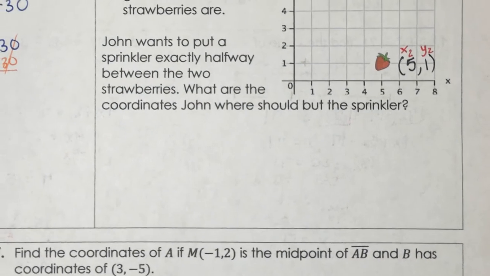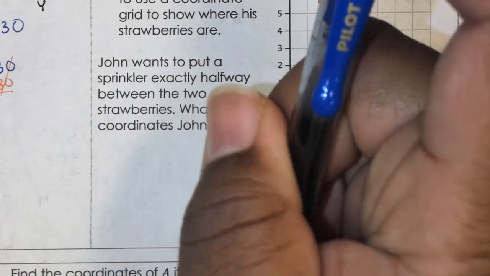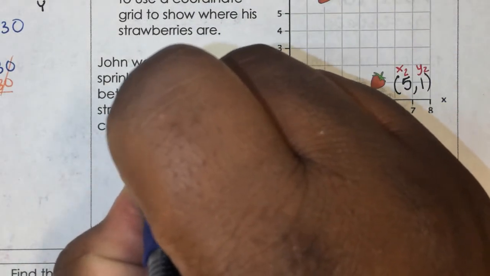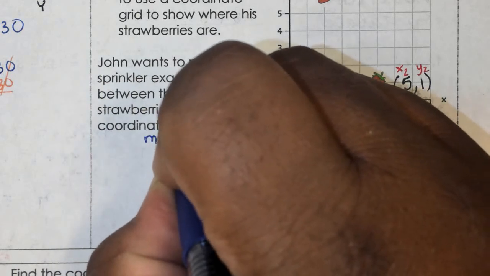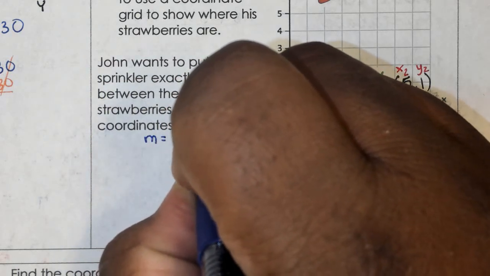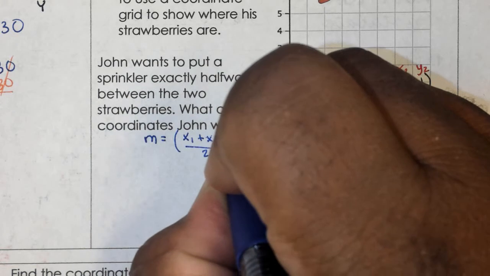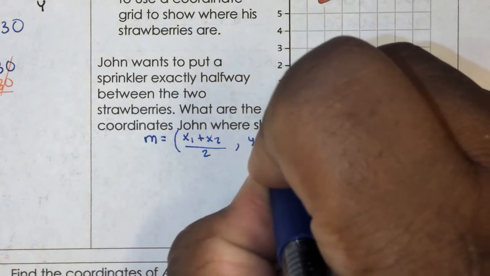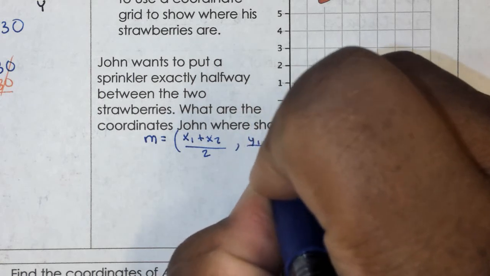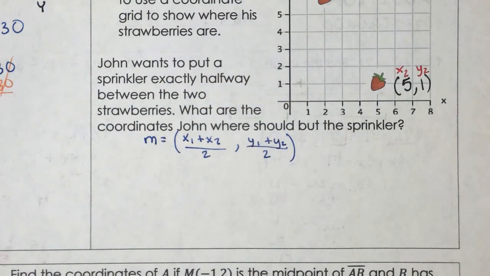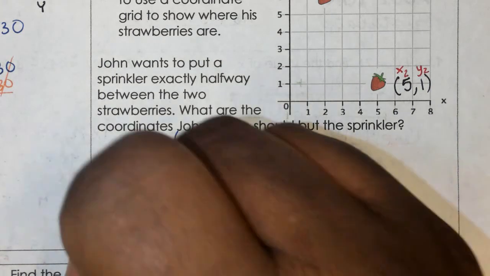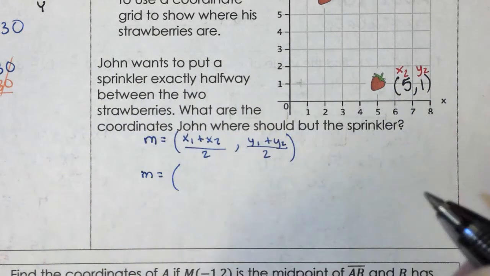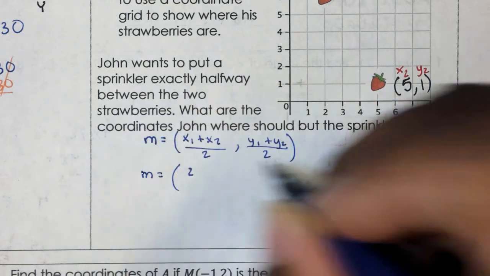So now I'm using my midpoint formula. Midpoint formula again, parentheses X1 plus X2 divided by 2, comma, Y1 plus Y2 divided by 2. Alright. Put in my numbers. M equals, X1 is 2 for me.